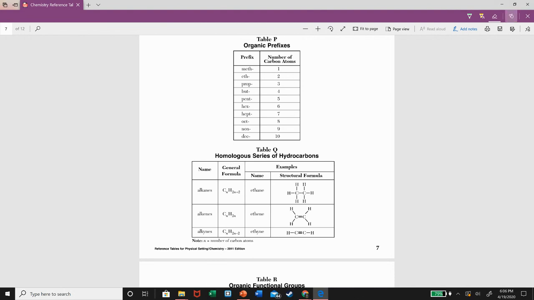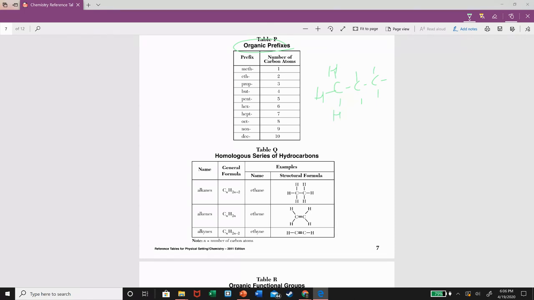All right, so here on table P, I'm going to do my markings here, right? We've got our prefix, and then here's this homologous series. So I'm going to do 1, 2, 3 carbons, and then I'm going to put my bonds around it.